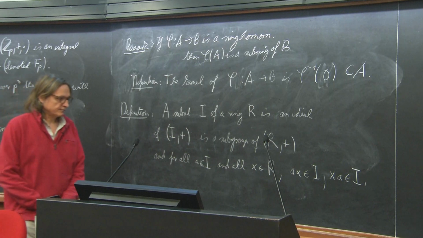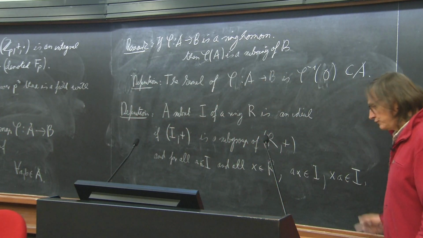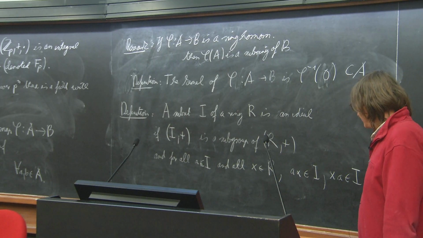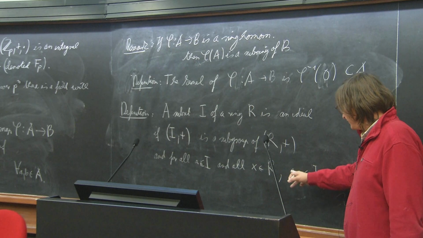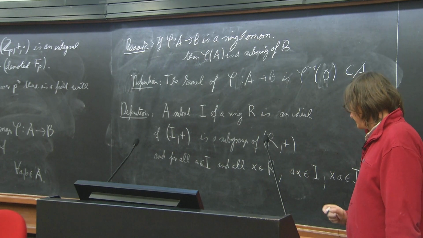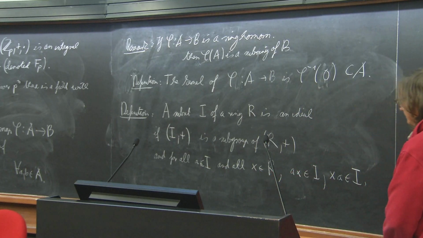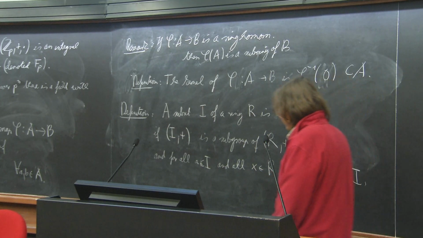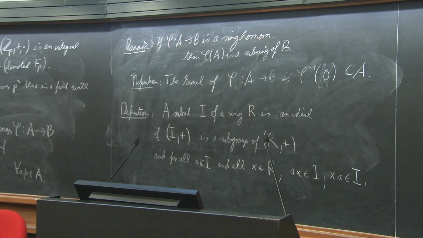This is a strengthening of the condition of being a subring, because for a subring you would only assume that ax is in I if a is in I and x is in I. Here, instead, it's supposed to hold for all elements x in R. In the same way, normal subgroup is a strengthening of subgroup.